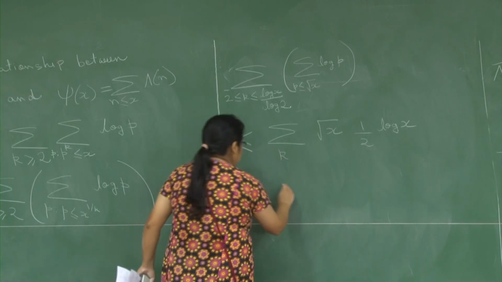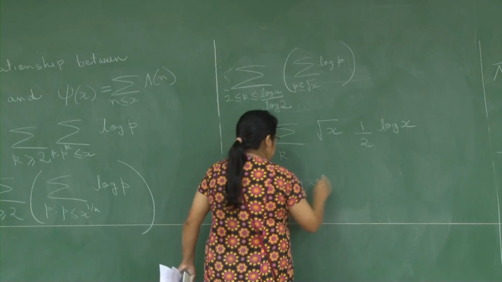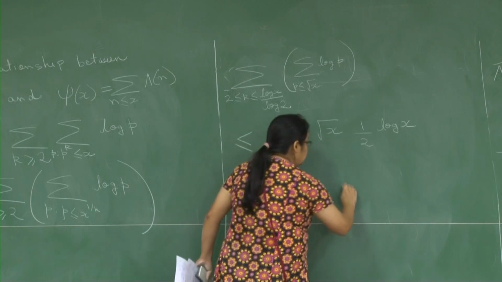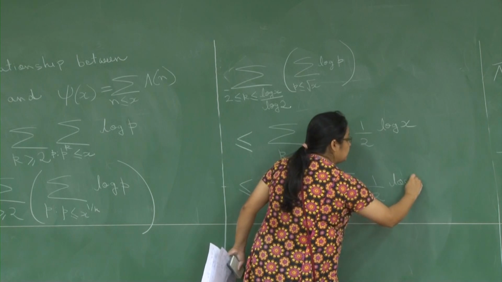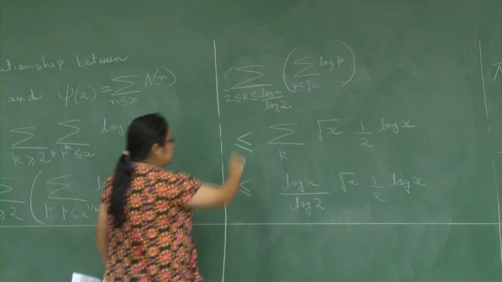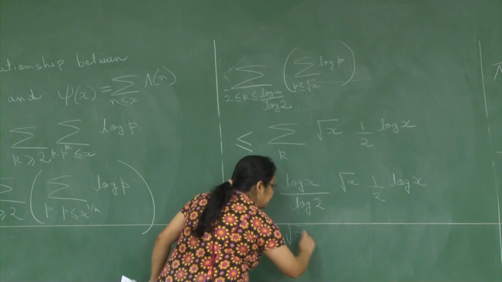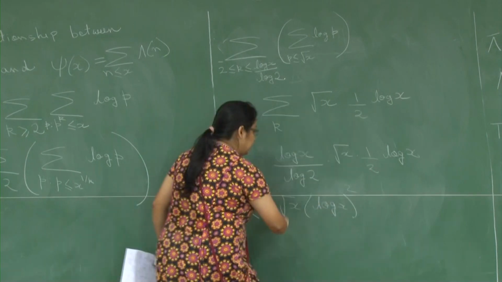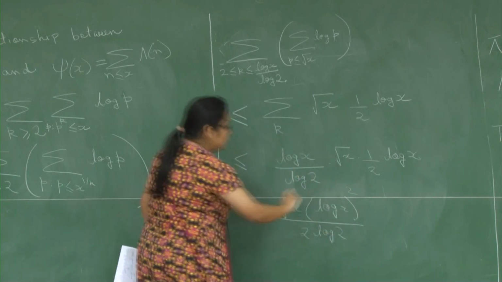So, log x over log 2 times root x into half log x. So, what do you have? This is less than or equal to root x into log x whole square over some constant, which in this case is 2 times log 2.